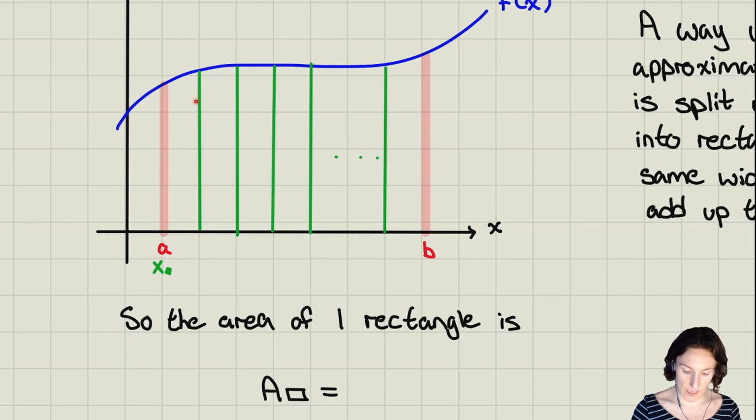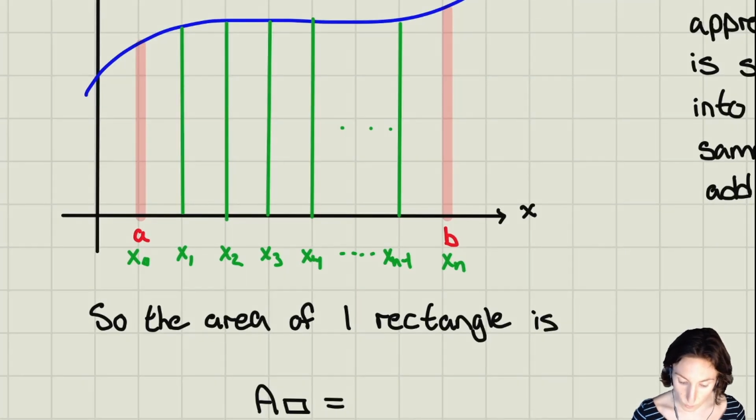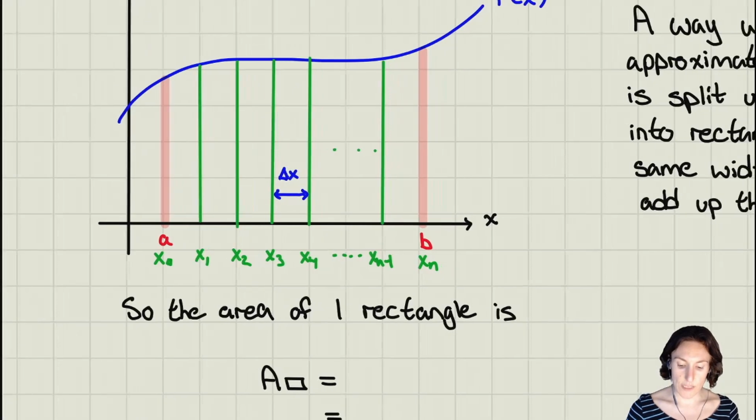This rectangle here is going to be the rectangle at x1. This is going to be x2, x3, x4, dot dot dot, x n minus 1, and then xn would correspond to b. And the width of these rectangles are all the same. It's a tiny width, which mathematically we can write as delta x.